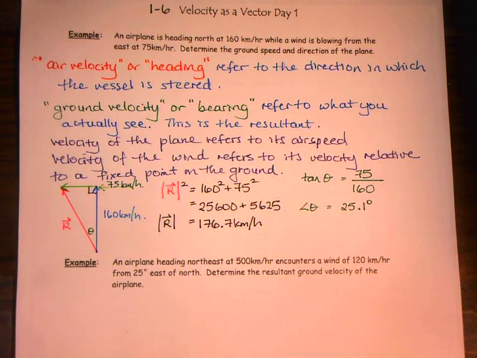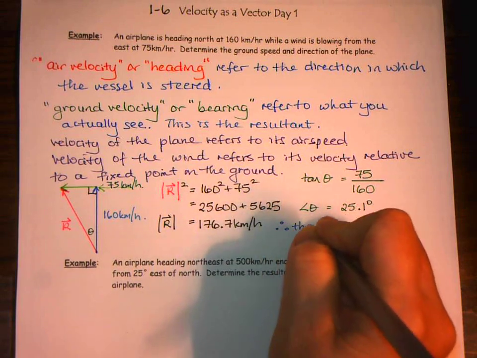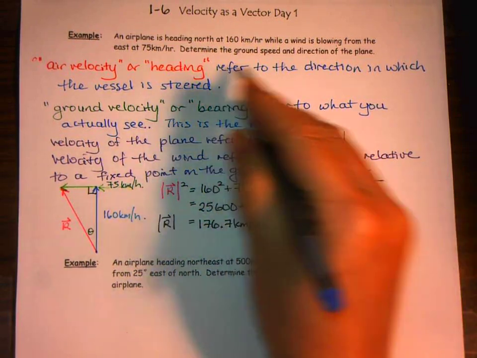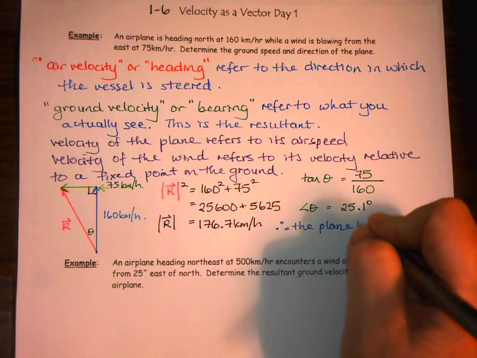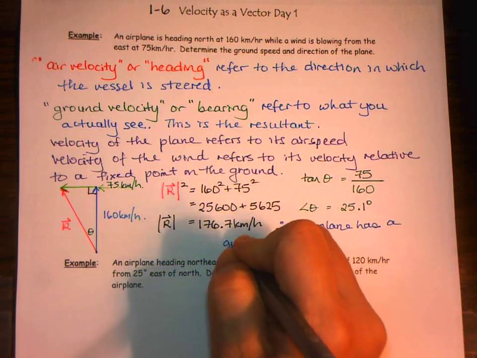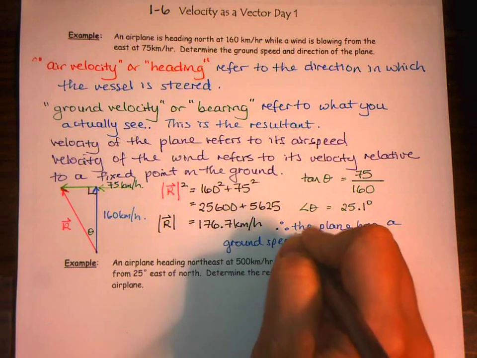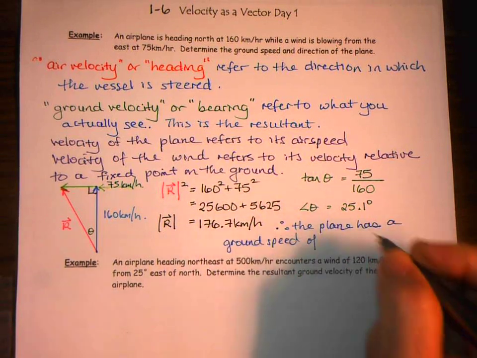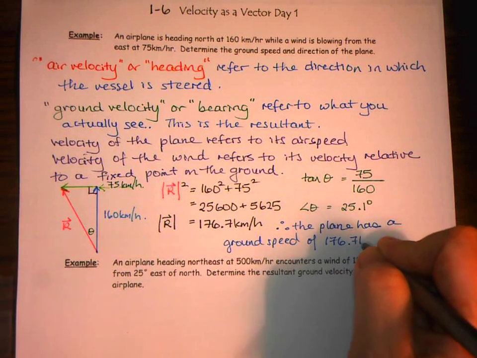So therefore, the plane has a ground speed of 176.7 kilometers per hour.